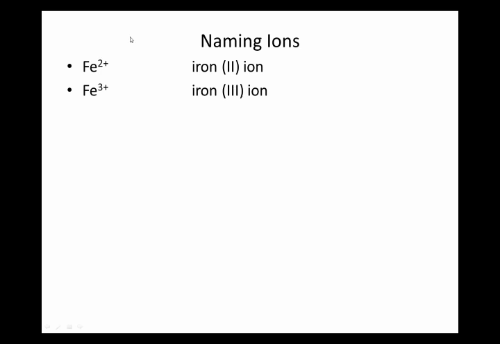So I want you to remember, these parentheses show up because they follow the name of a variable charge metal, and that Roman numeral is the charge on the ion, nothing more. This may not match any numbers in the formula at the end, but it's just the charge on the metal. Copper 2, right?